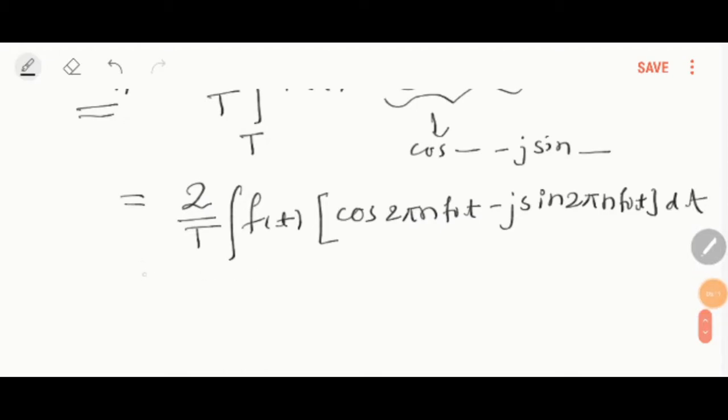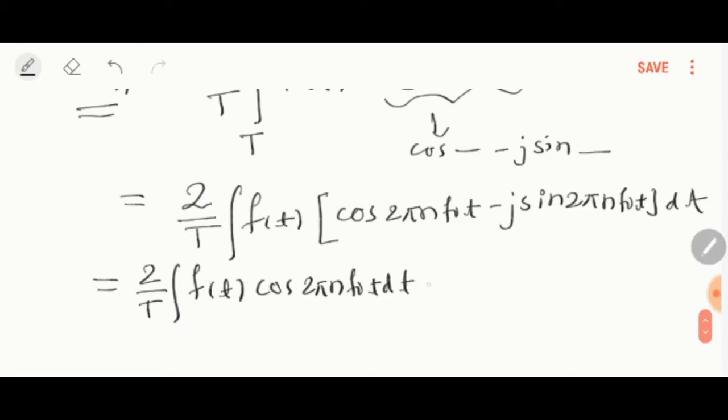So if we distribute it, it becomes 2 over T integration of f(t) cos 2 pi n f naught t dt minus j 2 over T integration over T f(t) sin 2 pi n f naught t.